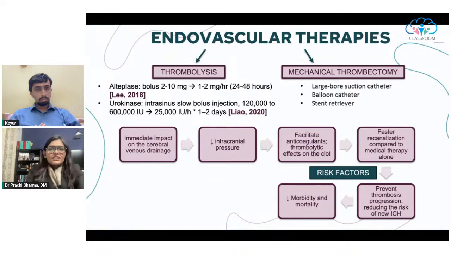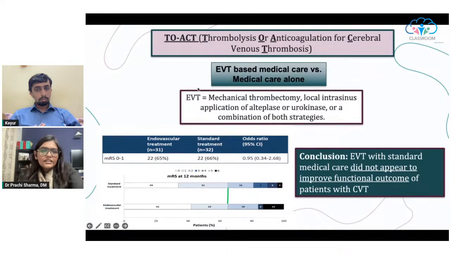However, most of this evidence comes from small studies or case series only, and the only RCT looking at this is the TO-ACT study, which is thrombolysis or anticoagulation for CVT. Here, the patients were randomized to receive either EVT-based medical care or medical care alone based on the guideline recommendations. In the EVT group, they utilized mechanical thrombectomy, local thrombolysis, or a combination of both strategies.